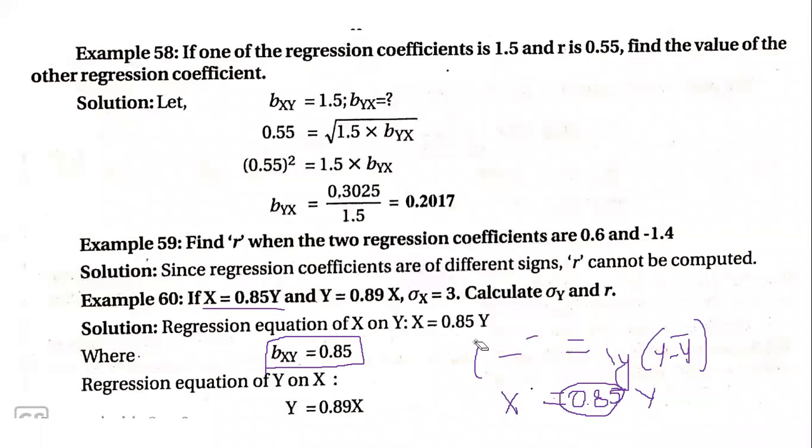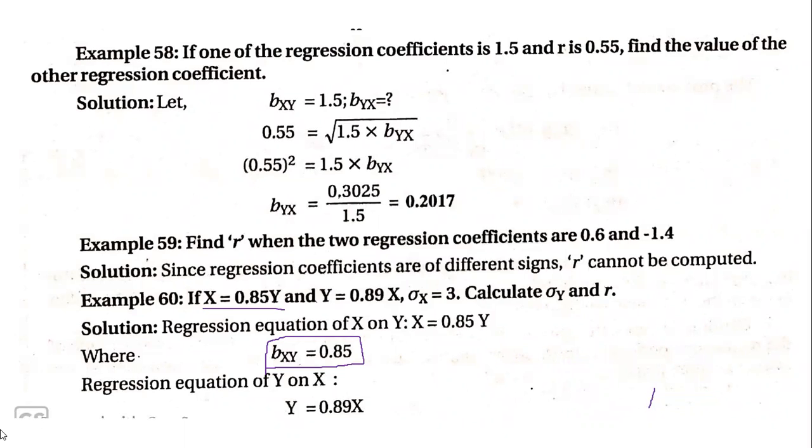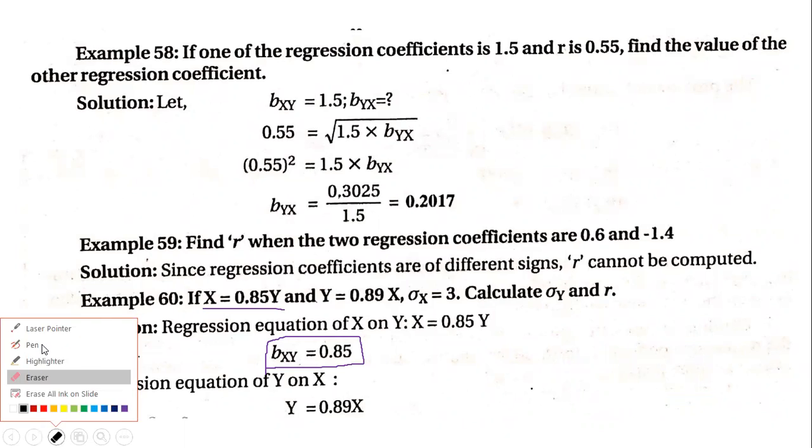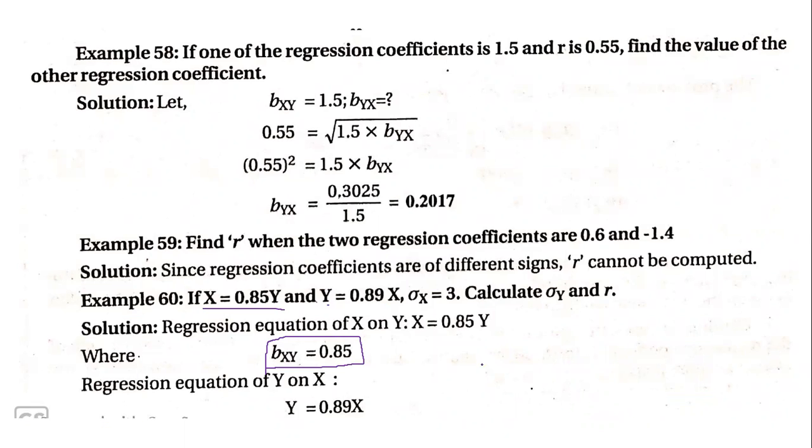Fine. Now let us go to the next equation, that is y on x. Now y on x, how will you identify? First you will have y. Y is equal to 0.89x. So what was the equation for y on x?